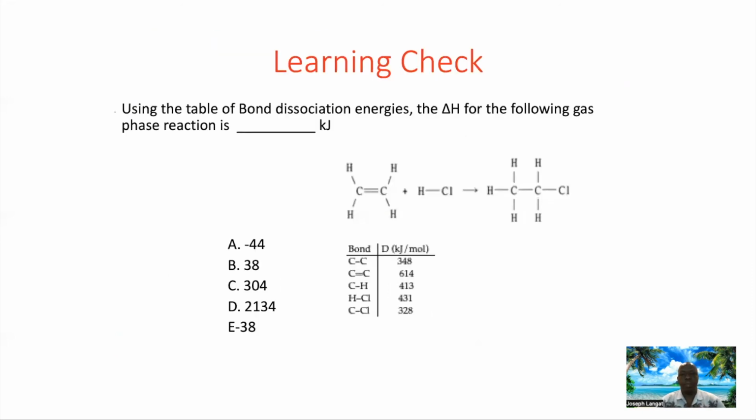Let's see, using the bond dissociation energies, the enthalpy for reaction for the following is, so if I want to do that, please try on your own. If I look at, we are breaking here, carbon double bond.